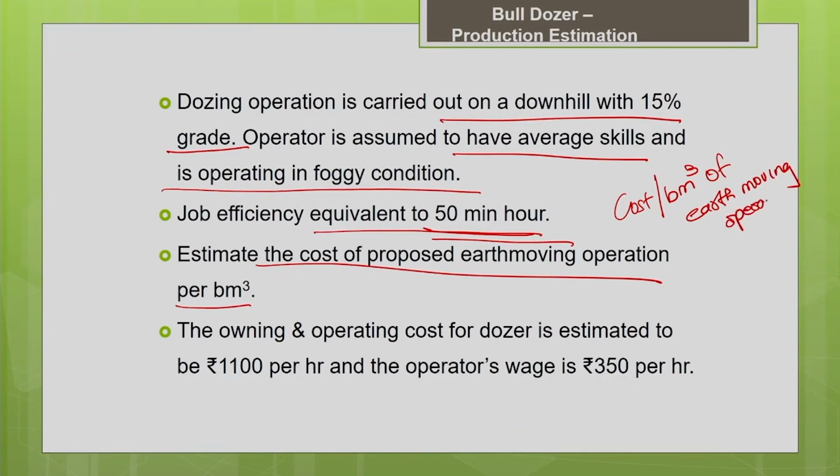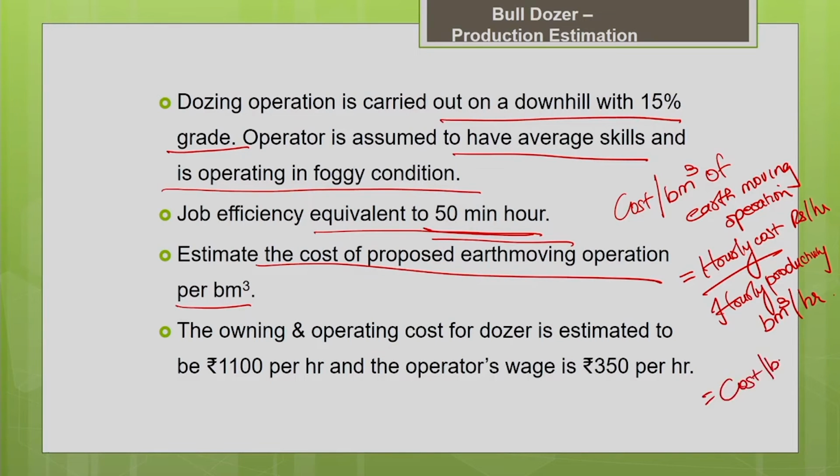That is nothing but the hourly cost associated with the machine divided by the hourly productivity. Say this is in rupees per hour, and this you have to calculate in bank meter cube per hour. If you know both these things, I can get the cost per bank meter cube, the unit cost of production.